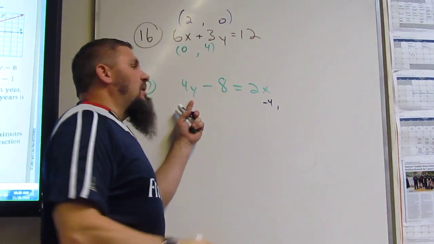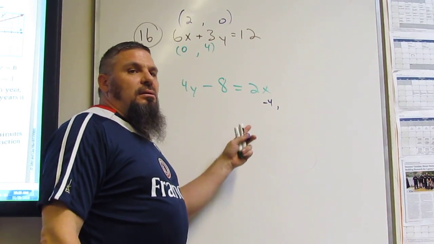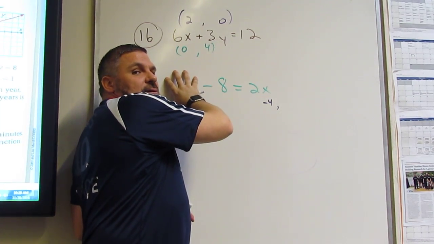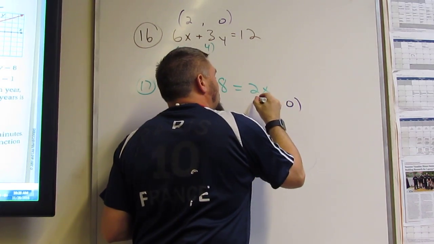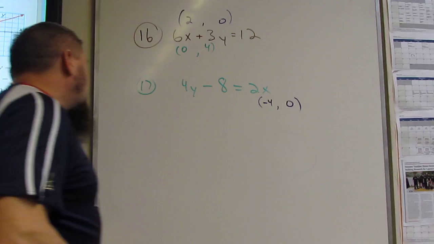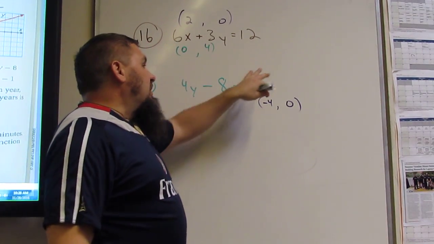And then what is y, if I'm covering up this? 0. Okay? So let's try it again. If I want to know y, I cover up x.